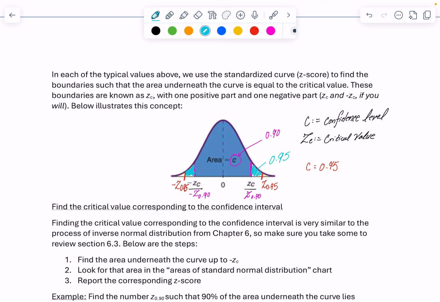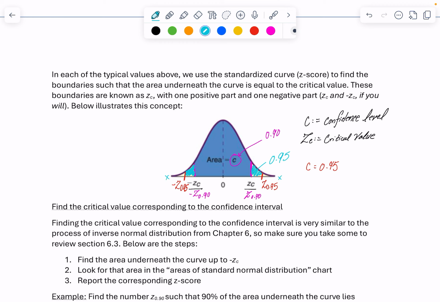And now we can visually see why we cannot have a confidence level of 1, because the area underneath the whole standard curve is 1. On top of that, we know that the curve itself does not cross our horizontal axis.